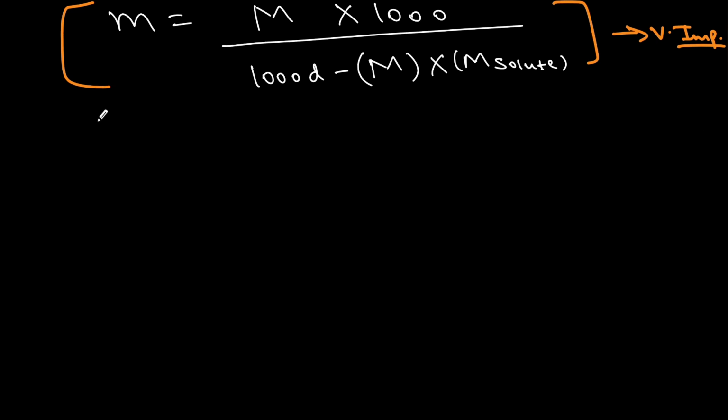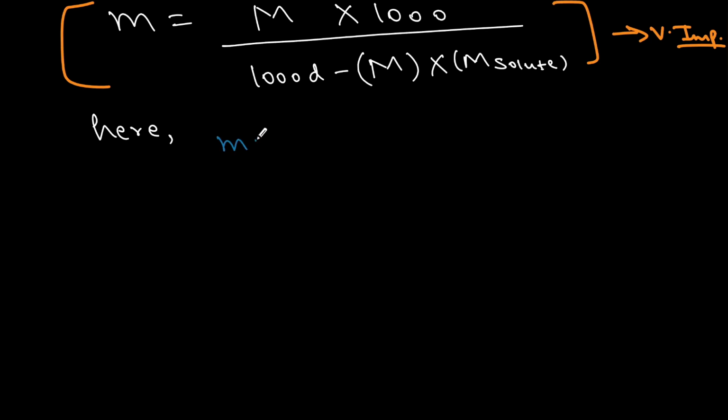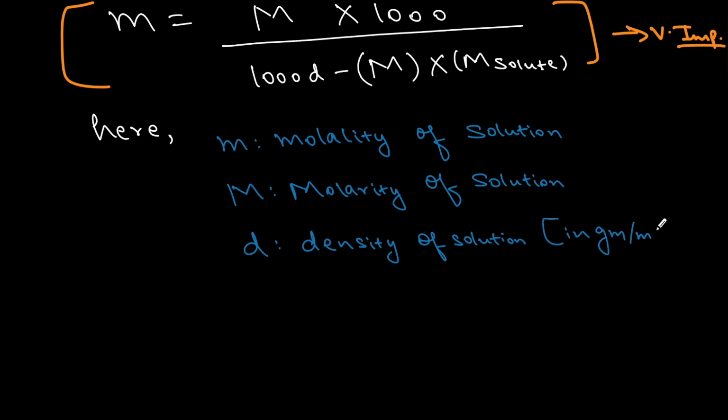This is very important. Once again, small m denotes molality of solution, capital M denotes molarity of solution, small d denotes density of solution in gram per ml, and the last one, M solute, denotes molecular weight of solute.